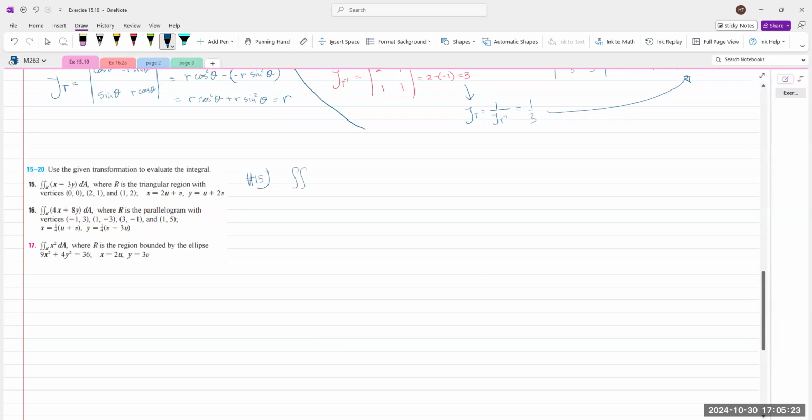Double integral over region R of x minus 3y dA, where R is the triangular region with vertices (0, 0), (2, 1), and (1, 2). Dang, that's so ugly.